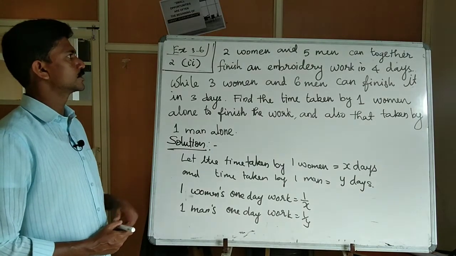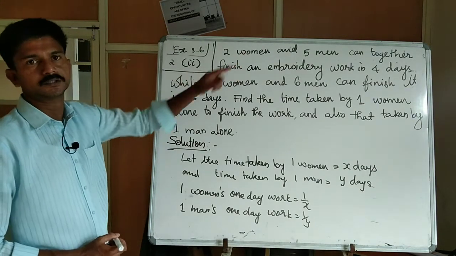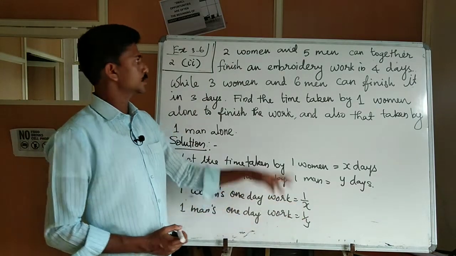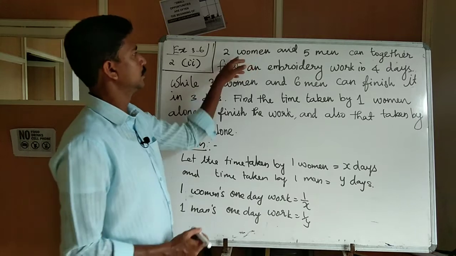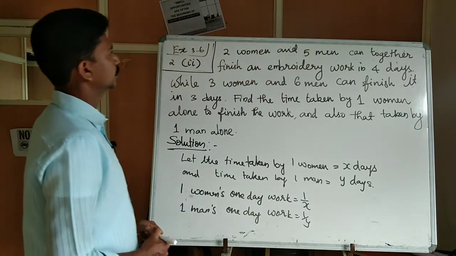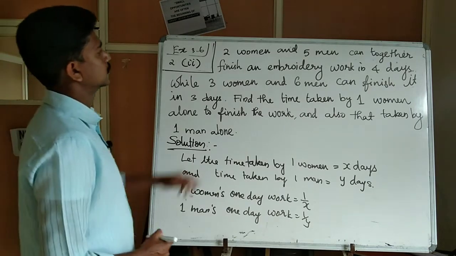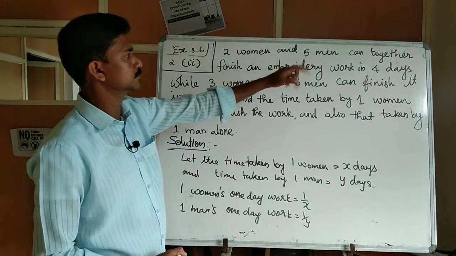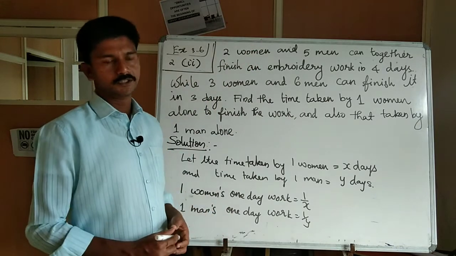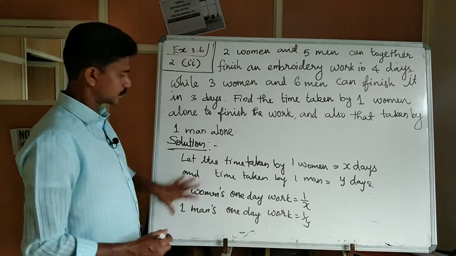Now in this question, it says two women, and one woman's 1 day's work is 1 by x. Two women and 5 men together can finish the embroidery work in 4 days. That we are going to convert into an equation. Okay, this we have written.